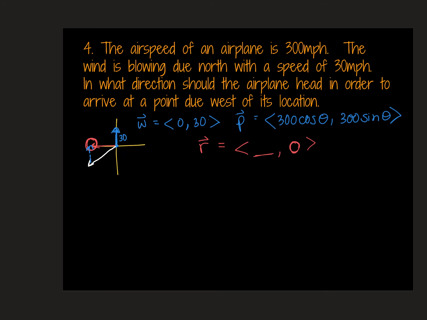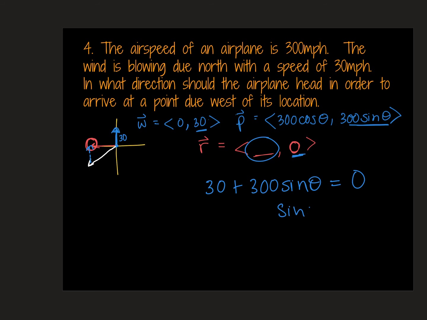We don't have how far away it actually is, but we have enough to write an equation with our vertical info. So we have that 30 plus, so that's the wind, 300 sine theta, that's the vertical component of the plane's heading, needs to be 0. Okay, and that's something I can solve, right?